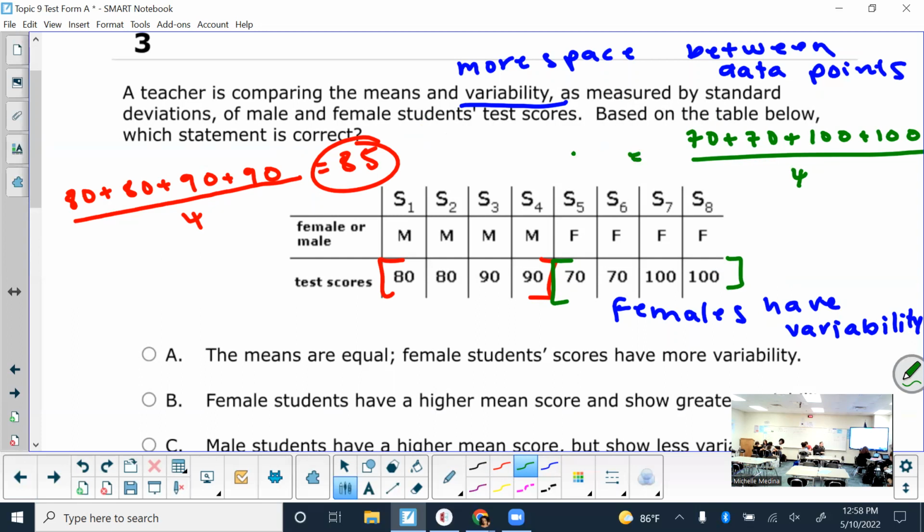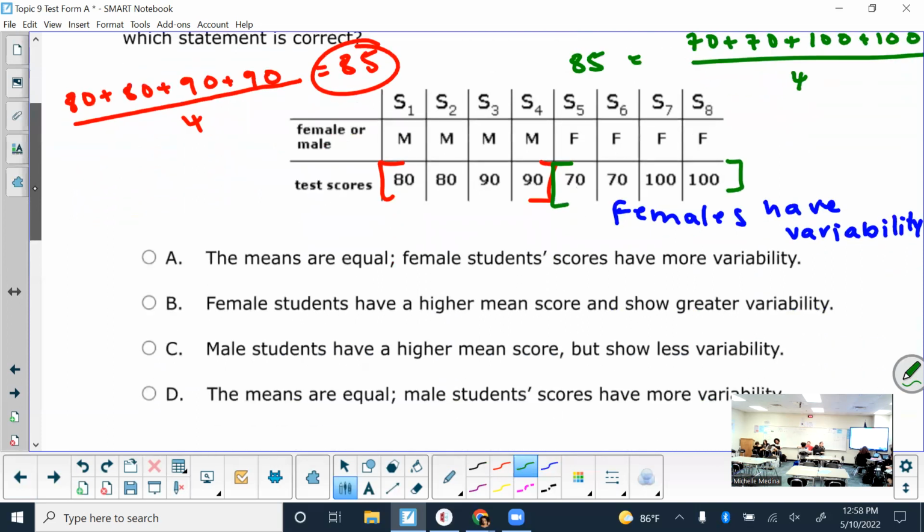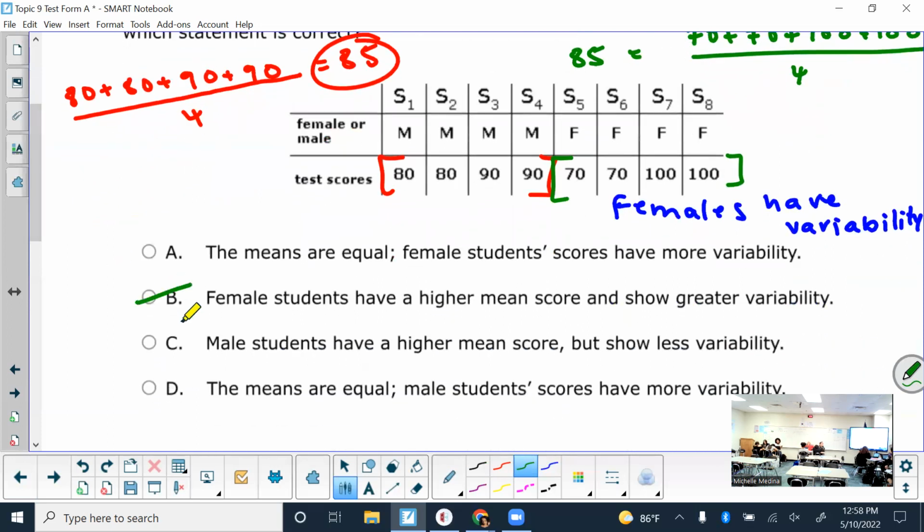So the means are equal. So cross out anything that says the means are different because they're equal. And then it says, like we said, female scores have more variability. So is the correct answer A, someone? Yeah. Okay, great. Questions on this one?